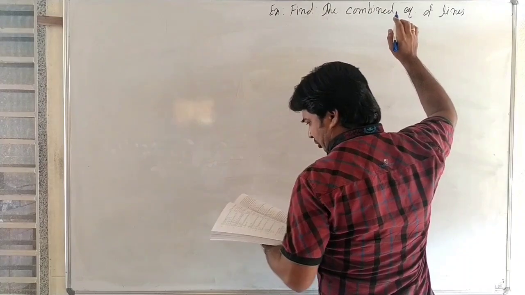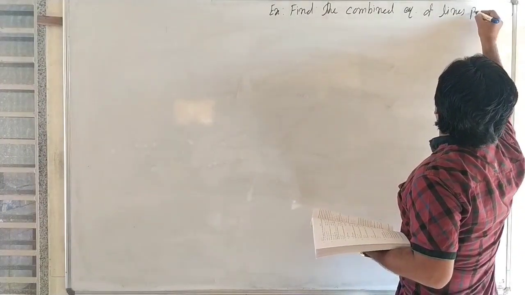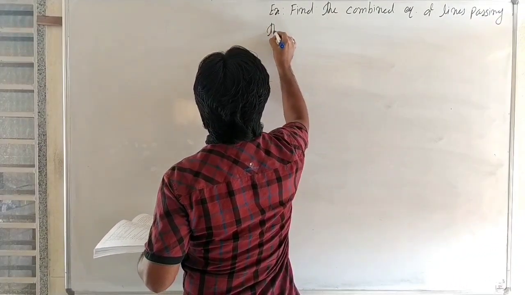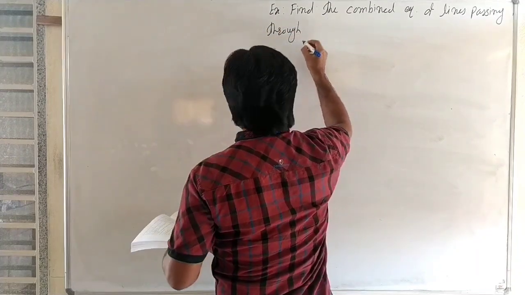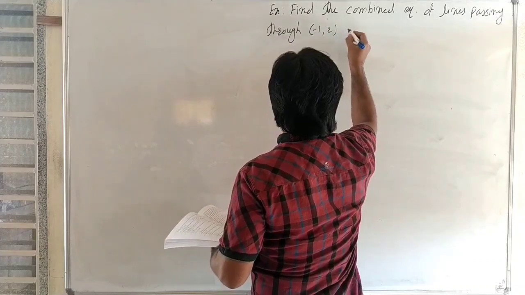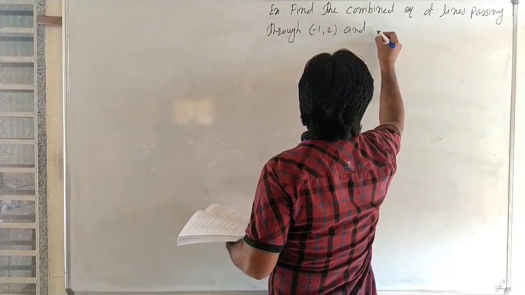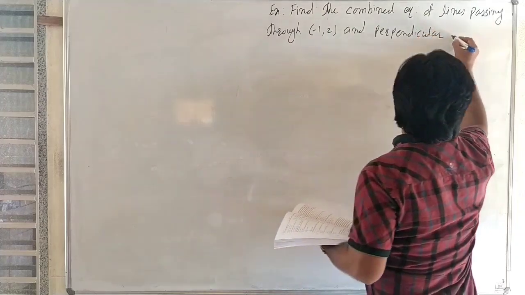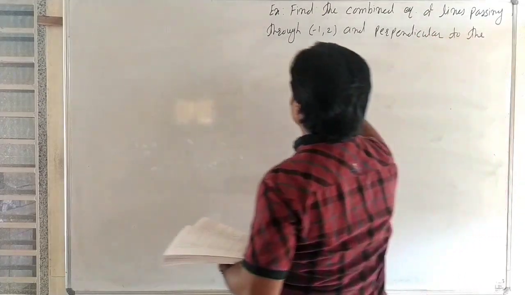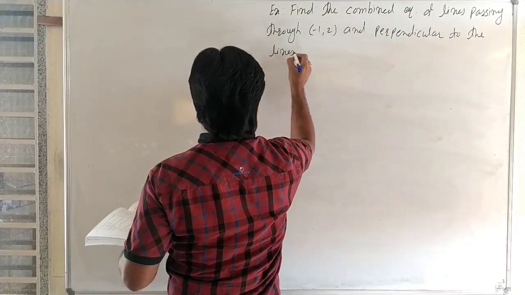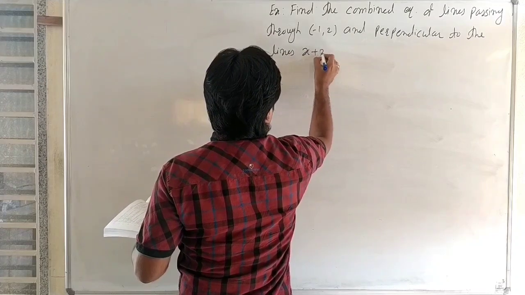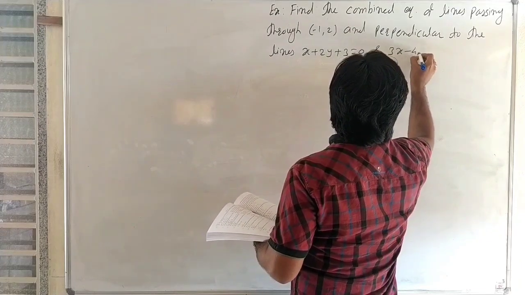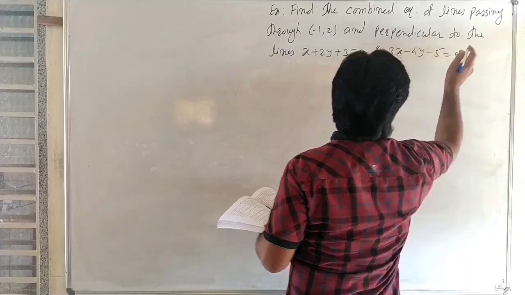Next example: find the combined equation of lines passing through (-1, 2) and perpendicular to the lines x + 2y + 3 = 0 and 3x - 4y - 5 = 0.